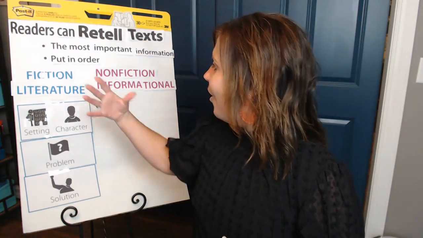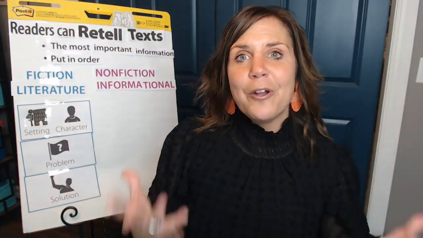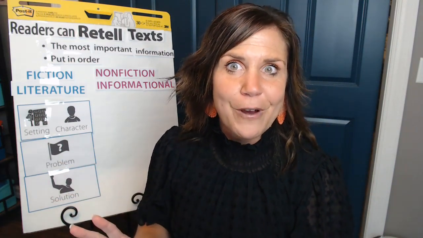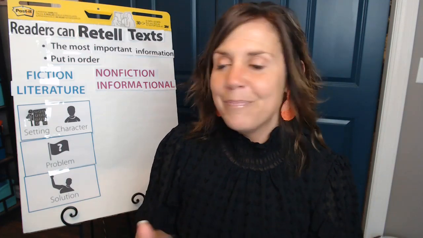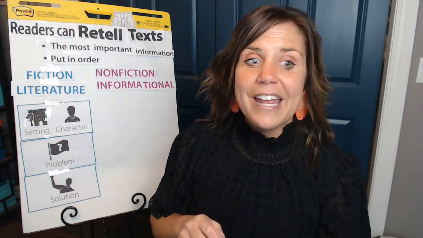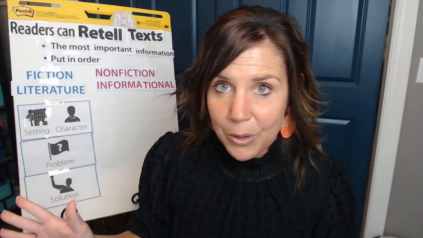Okay, so if we put that all together, we'd say the setting is Little Red Hen's house and Little Red Hen's cupcake truck, food truck. It happens in the daytime. Little Red is the main character. There's Little Red, the fox, and the crocodile, and the hedgehog. And the problem was no one would help Little Red make the cupcakes. No one would help her do anything. And the solution is she just did it by herself.